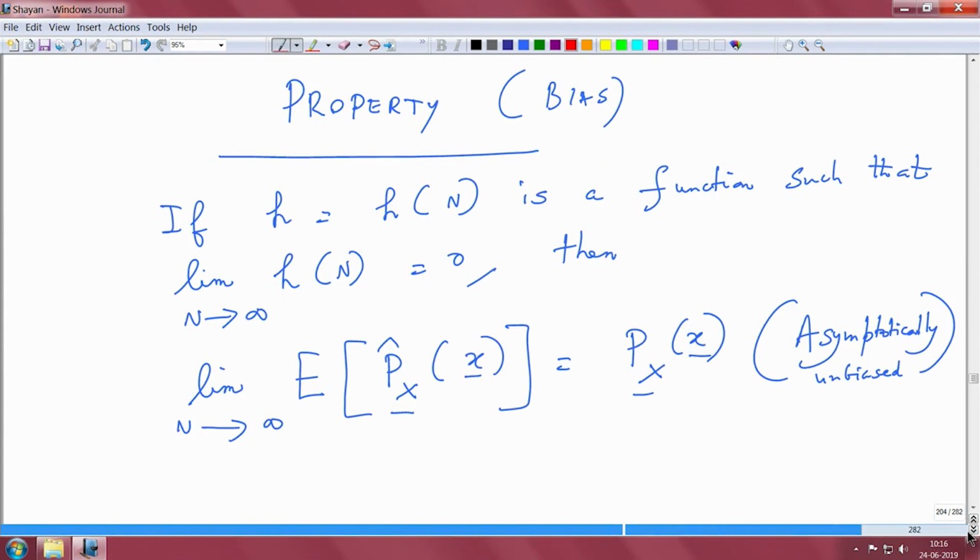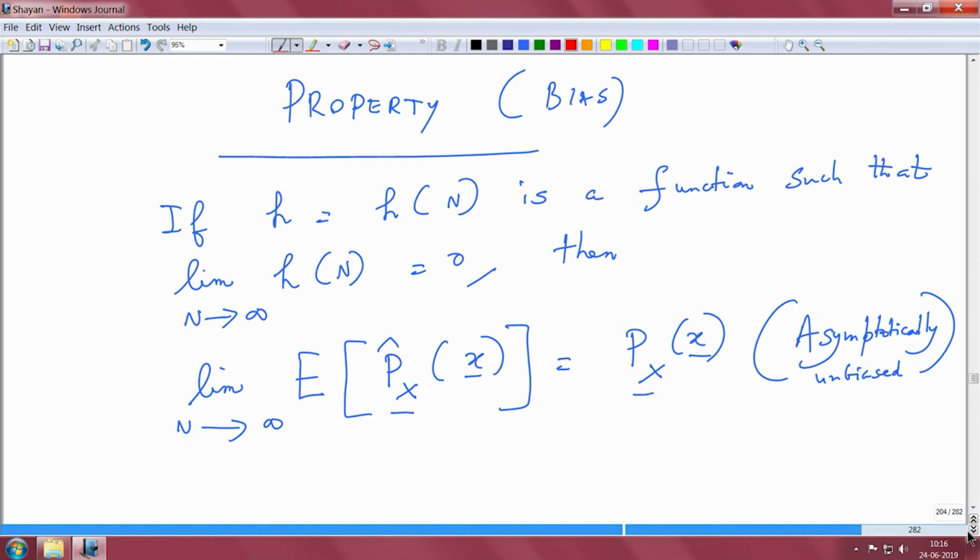Now if h equals h of n is a function such that the limit as n goes to infinity of h of n is 0, then the expectation over this estimate of the density function goes towards the true density of x, and the bias is not there.